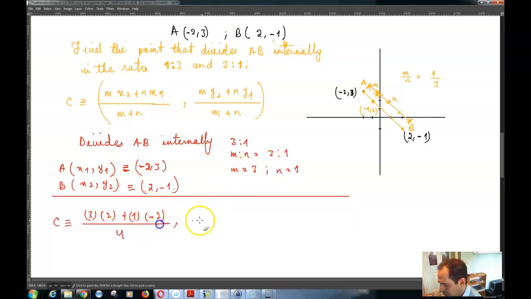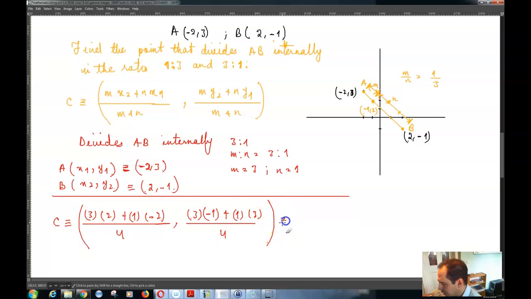And the next coordinate would be my2 plus ny1. So m is equal to 3 and y2 is equal to negative 1, plus ny1. So n would be 1 and y1 would be positive 3, over 4.